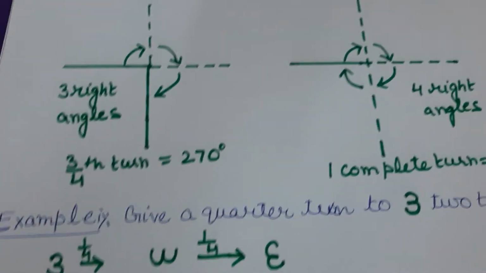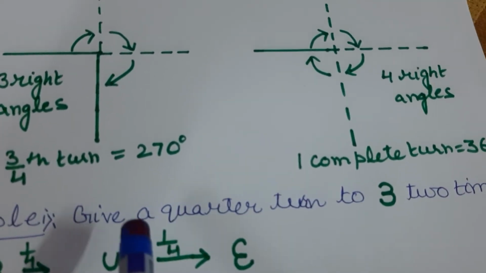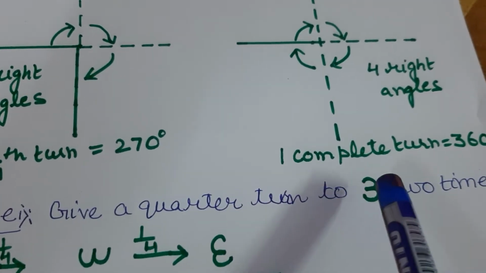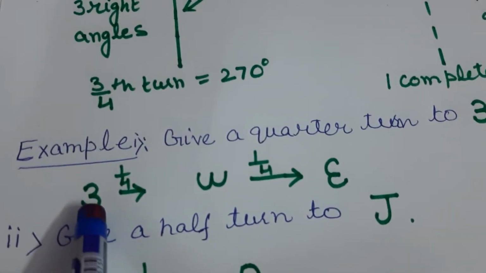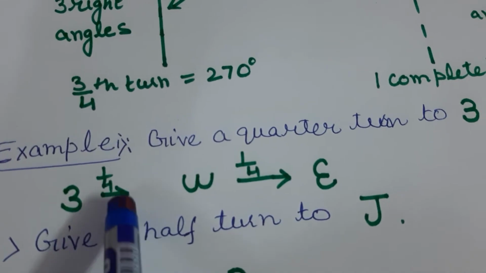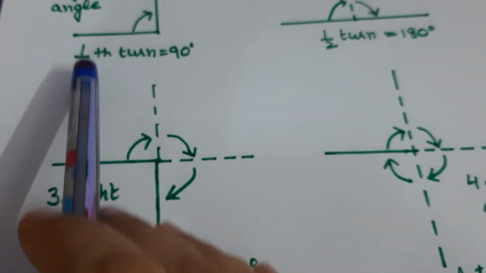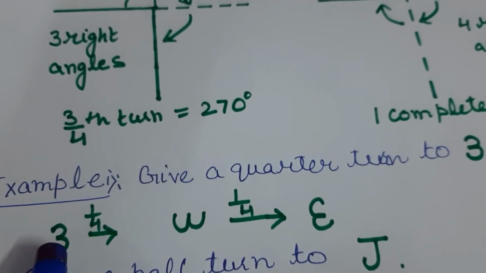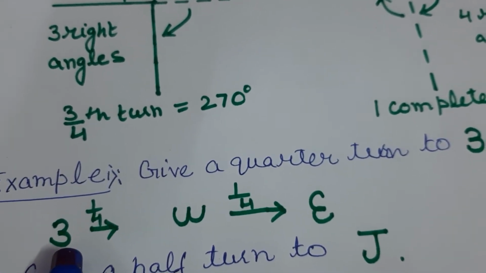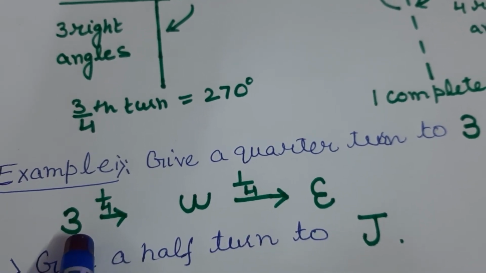So now we will take some examples. First I am taking here example. Give a quarter turn to 3, 2 times. Okay, so I have written here 3. So first I will give quarter turn. Quarter turn, I told you that quarter turn is also called 1/4 turn. Okay, so 1/4. So it means we will give one turn, means 90 degree angle only.